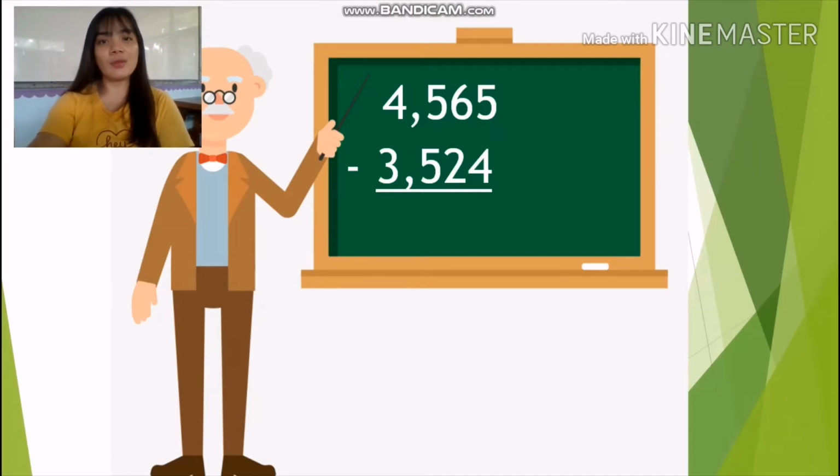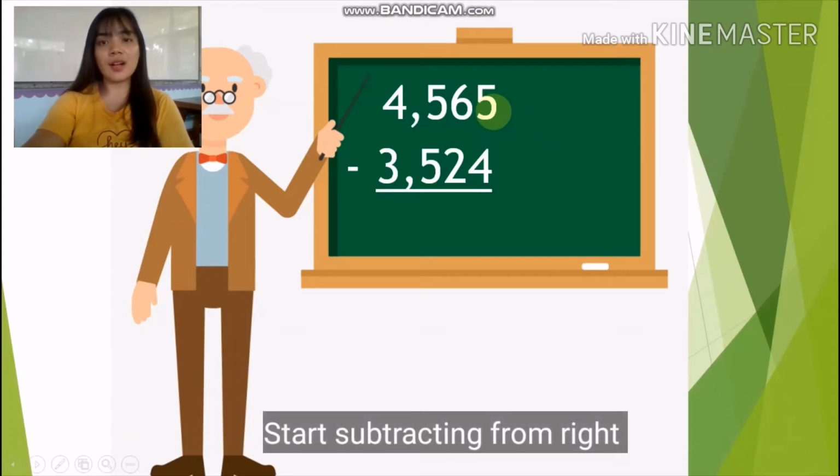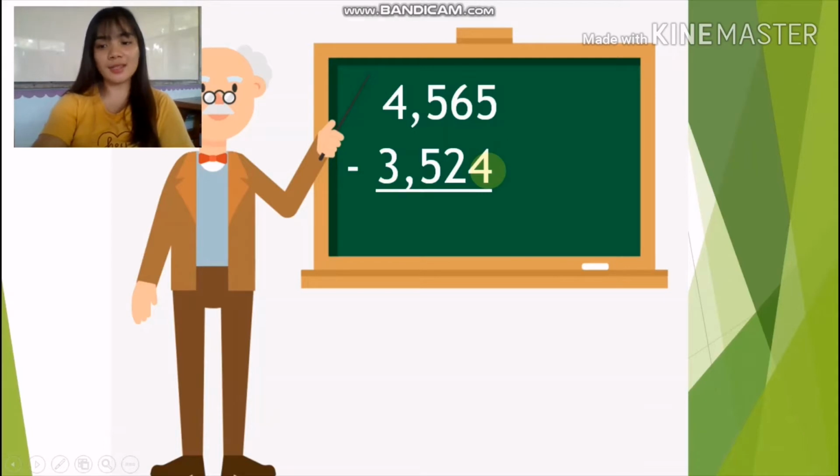How about these numbers? So we have 4,565 minus 3,524. So we're going to start from our right. So 5 minus 4 is 1. 6 minus 2 is 4.